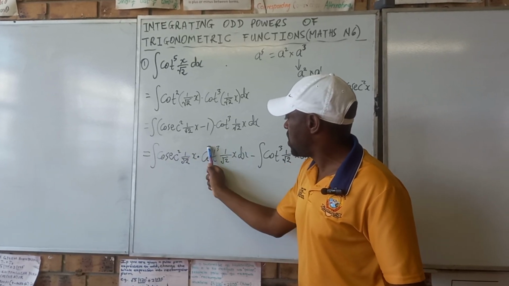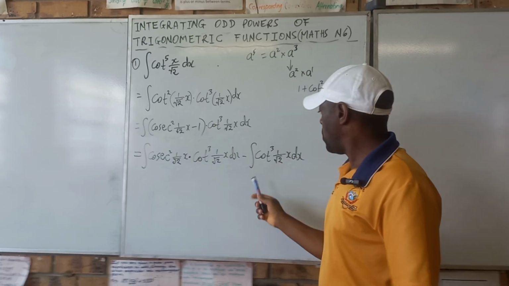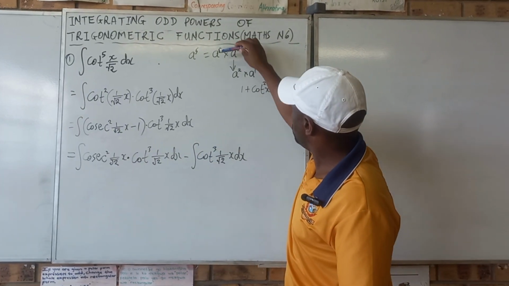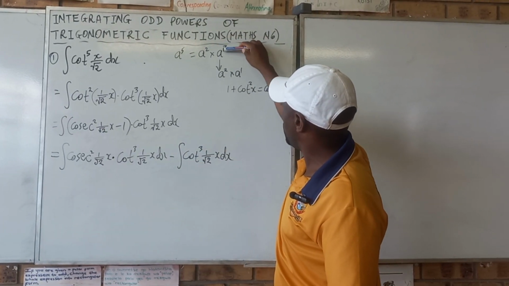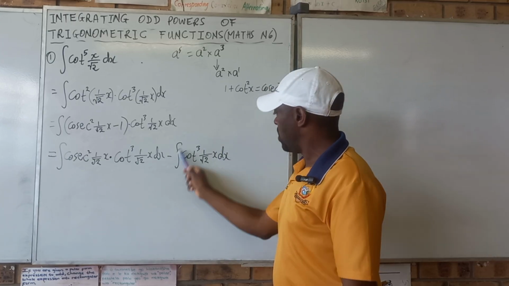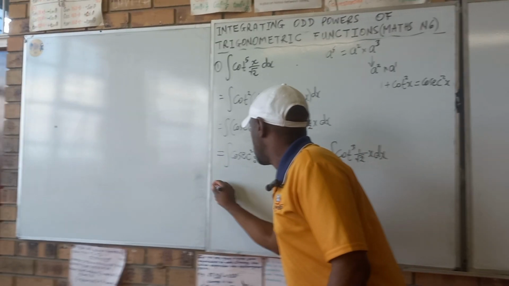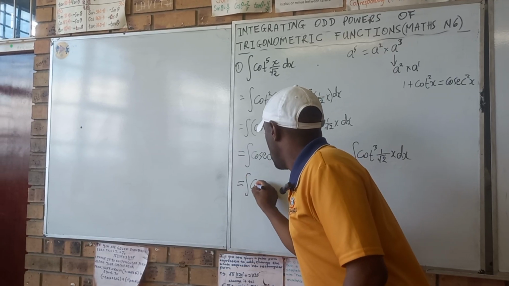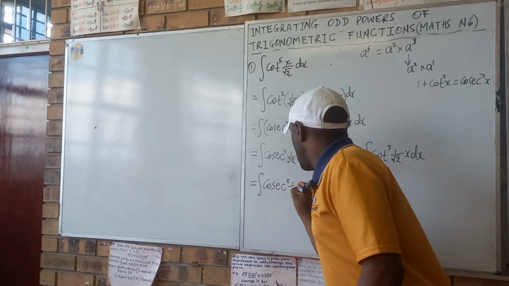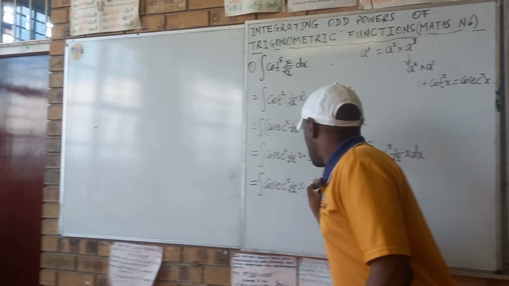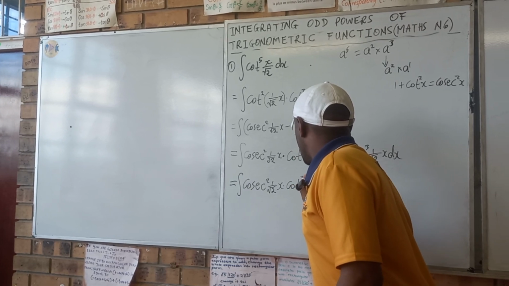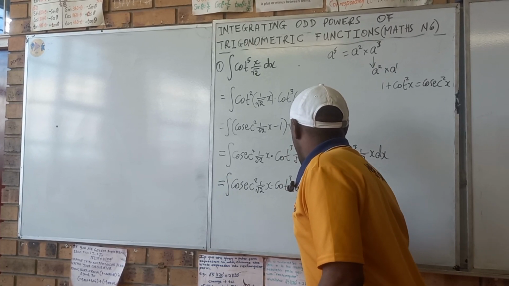And you see, if you differentiate cot, you get cosec squared. So my target now is here. That's what I meant by if I split it this way, I'll then go further to split this one. So we're now going to split this one. That means for now I'm copying this one the way it is. So this one will remain cosec squared (1 over root 2)x times cot cubed (1 over root 2)x dx.